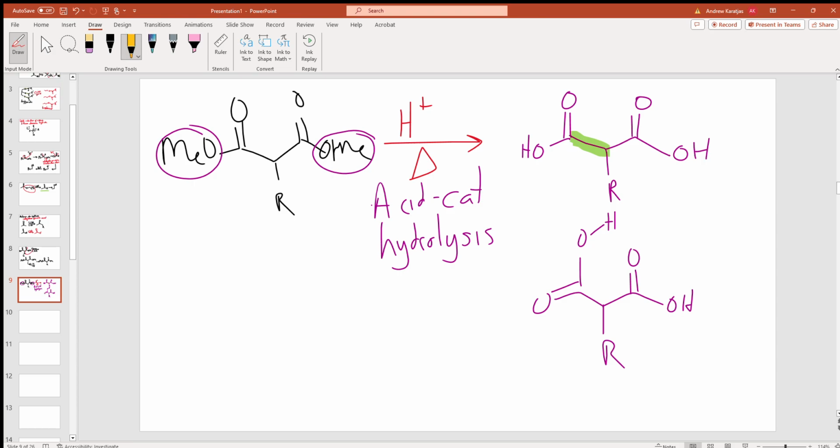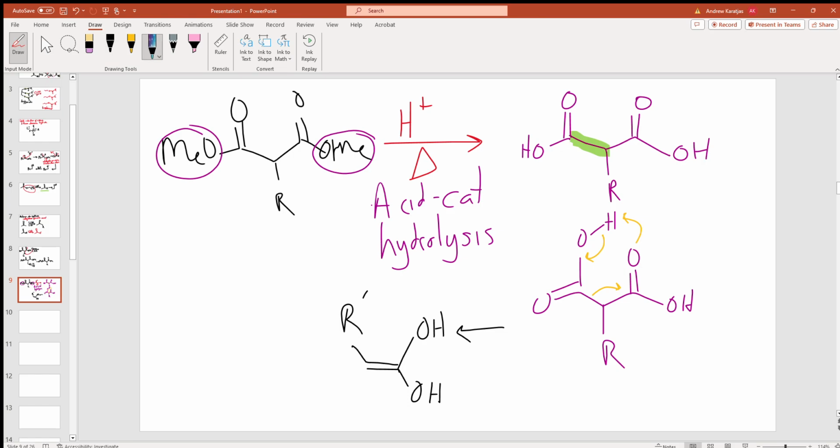Carbonyl pulls off that proton, these electrons shift over, and that actually breaks that carbon-carbon bond. And as a result, we get what is basically an irreversible process that forms this new compound.